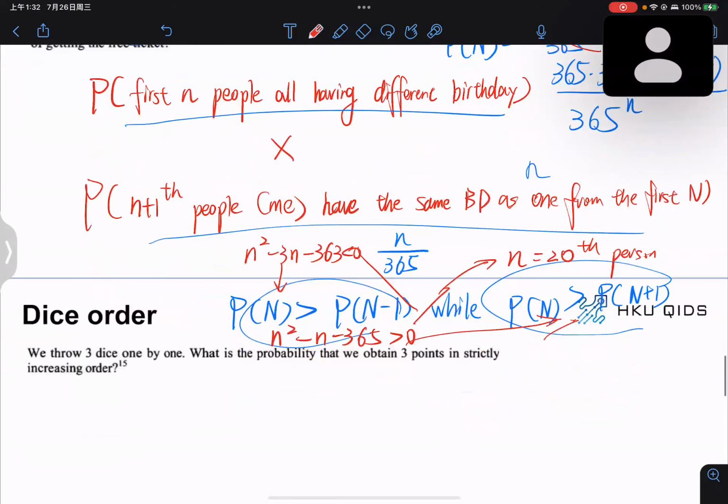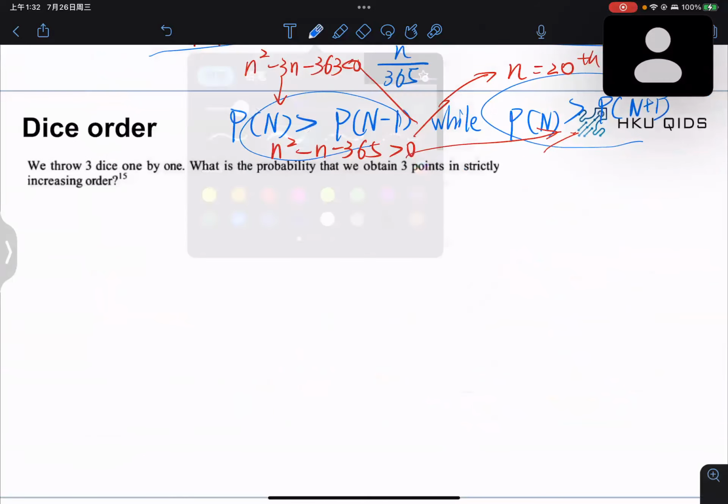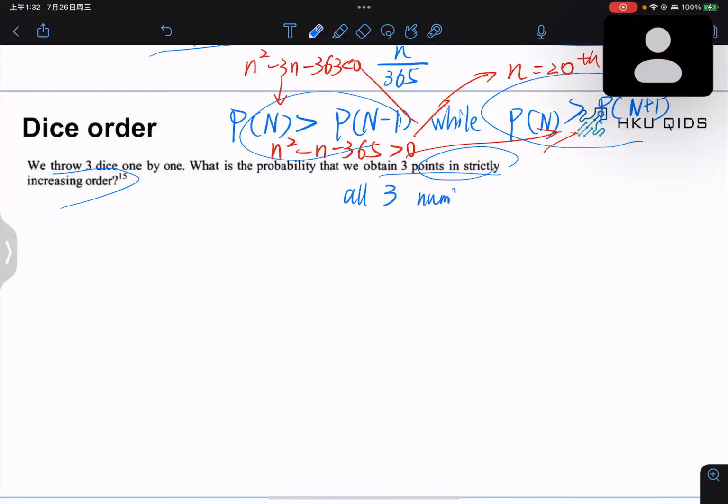Okay, so now we come to our last question, the dice order. We throw 3 dice one by one. What's the probability that we obtain 3 points in strictly increasing order? For strictly increasing order, there is one hidden condition: all 3 numbers are different.